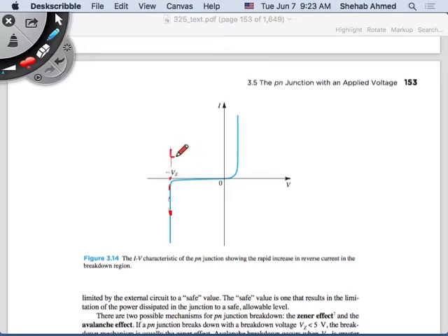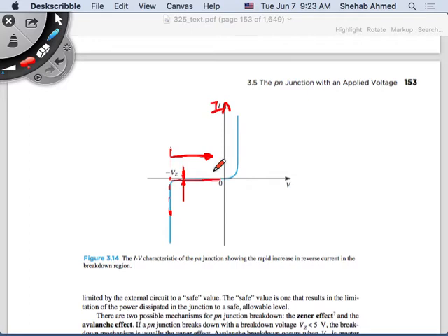before Vz, this was reverse bias, meaning what? Meaning that I had a higher barrier voltage, higher electric field, pushing minority carriers over. So basically what I have here, if I zoom in, here I have saturation current. This value of current here at any point is saturation current due to the reverse voltage polarity that you've placed across the diode, right?